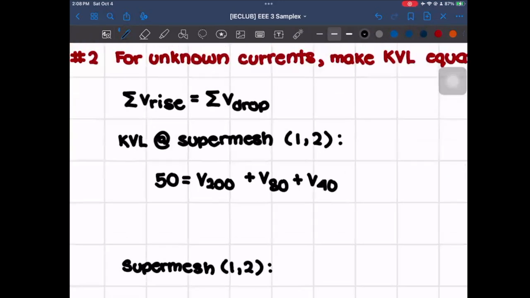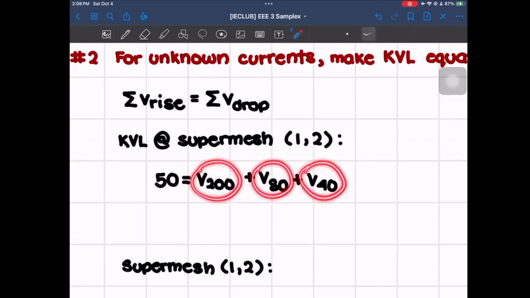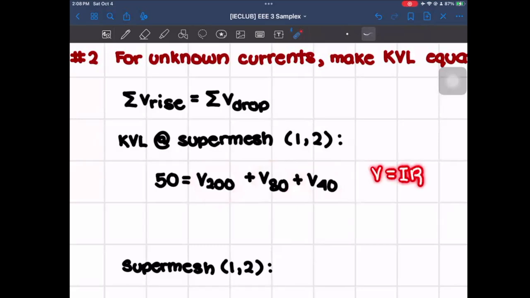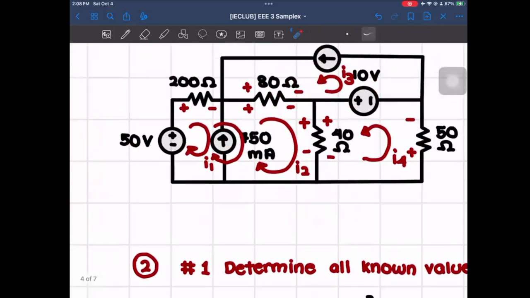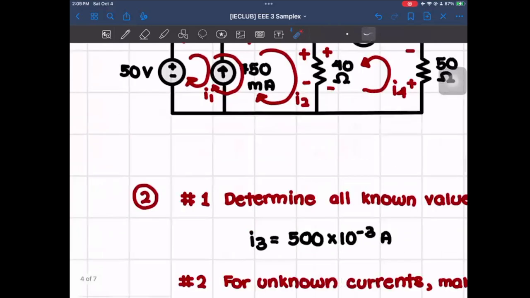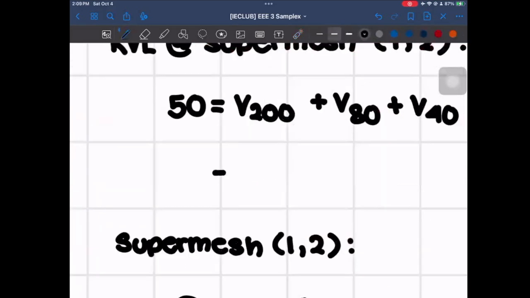And then what we could actually do is, since we are actually looking for the currents, we could convert these voltages into our currents, which we could use with the equation V is equal to IR. And with that, for the 200 ohms, the only current that's hitting 200 ohms is just I1. So it's going to be 200 times I1.